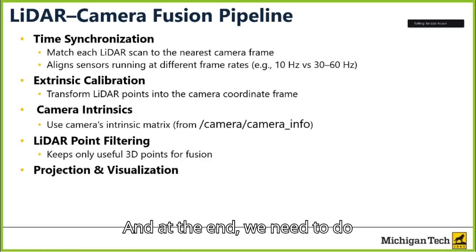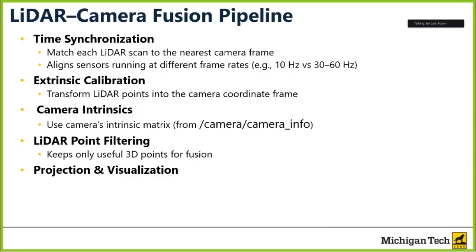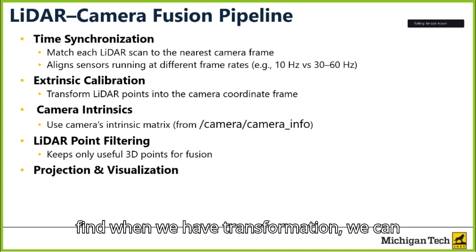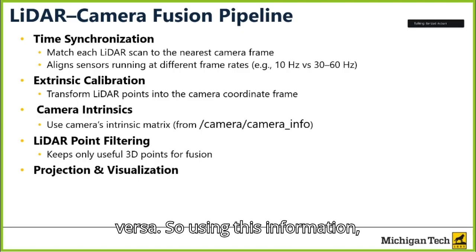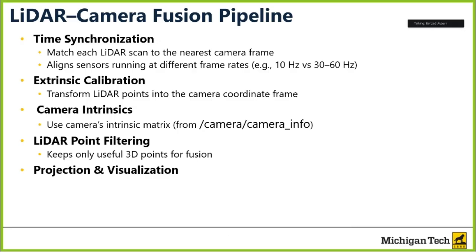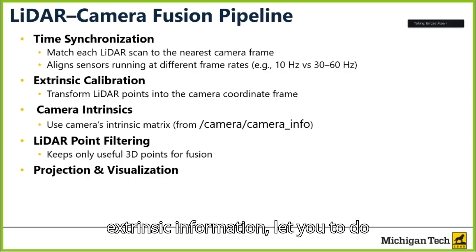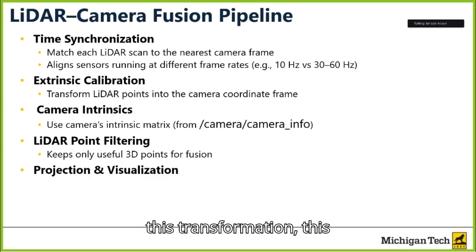And at the end, we need to do projection. Projection means that once we have the transformation, any point in the LiDAR point cloud can be moved to the image, or vice versa. Using intrinsic and extrinsic information lets you do this projection nicely.